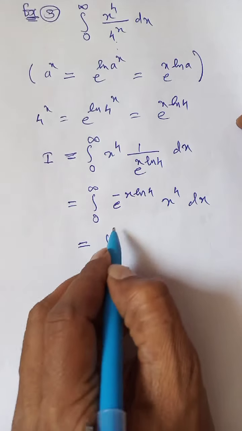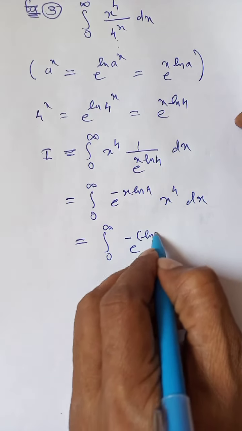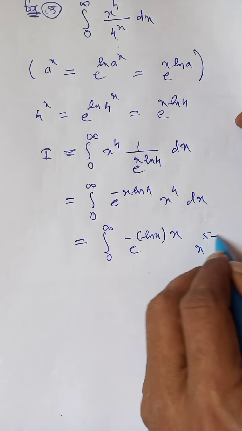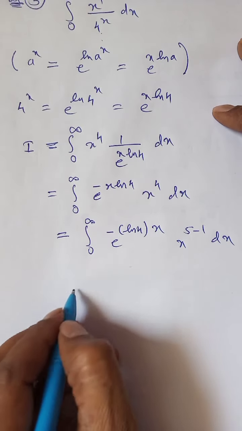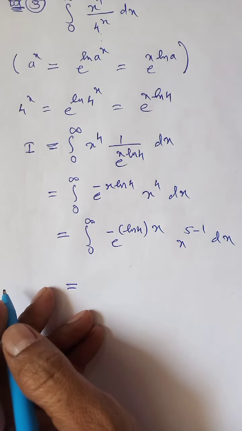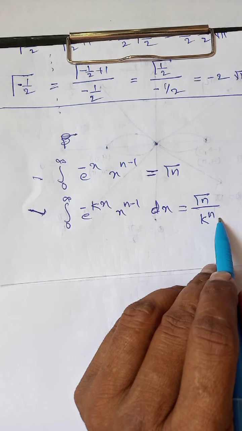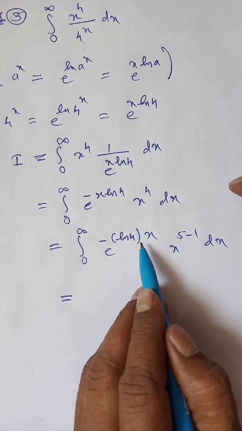Say integral from 0 to infinity e to the power minus log 4 into x, x to the power 5 minus 1 dx. So using that second definition, what's the value? Gamma n divided by k to the power n. So here n is 5, k is log 4.